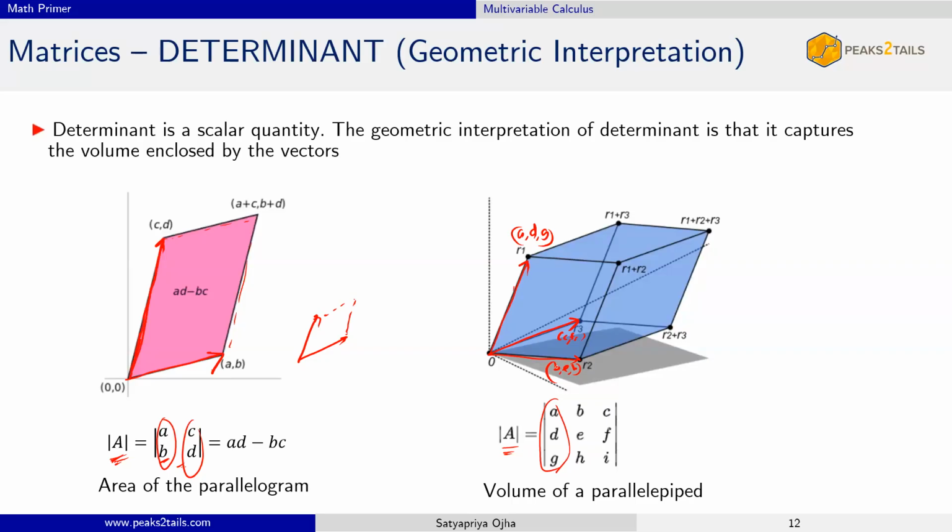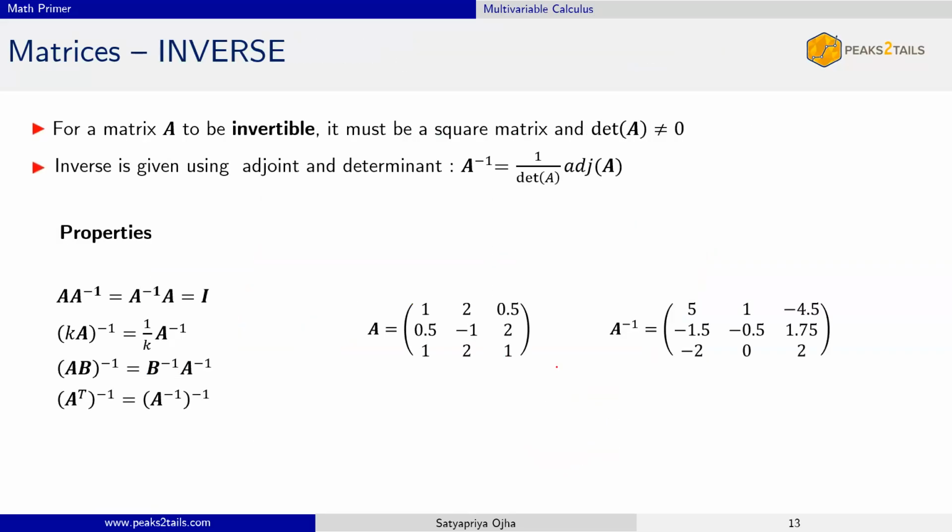All right, let's move on. Inverse of a matrix, extremely useful operation. You need it pretty much everywhere. Now, all matrices are not invertible. First and foremost, a matrix A, to be invertible, must be a square matrix, and determinant of A must not be 0.